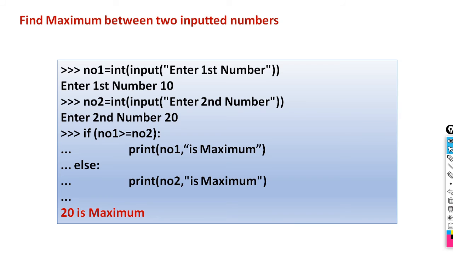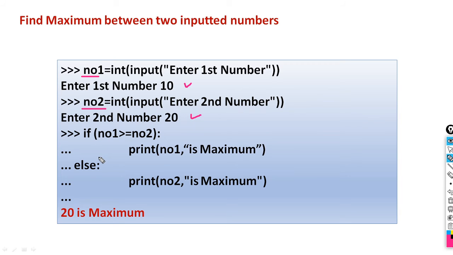Same logic we can use in a script. So here two values are inputted. NO1 is equal to int input, enter first number. NO2 int input, enter second number. The numbers provided by the user are 10 and 20. We have to find out the maximum between these two numbers.